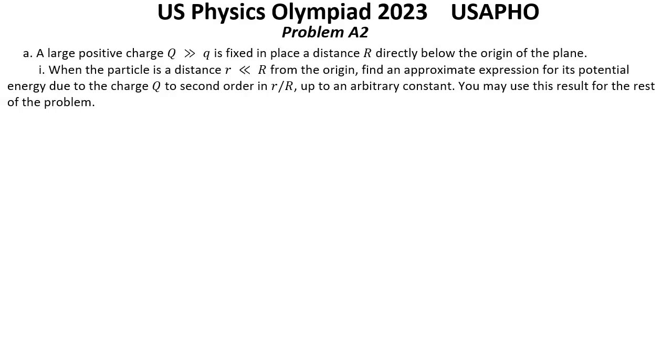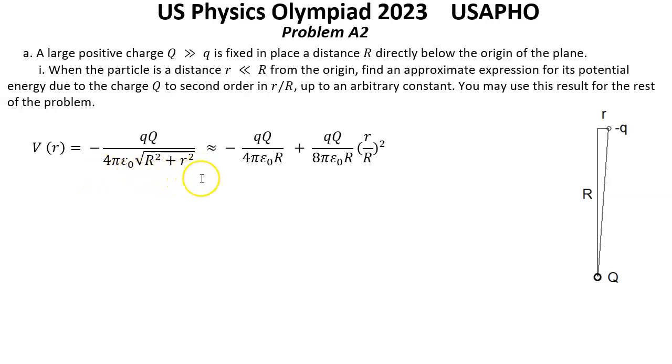Solution. First, let's draw the picture. Origin is right here. Big charge Q is at a distance big R from the origin below, and the small charge negative q is distance small r to the right from the origin. So the potential energy of the particle relative to infinity is this one, which is approximately equal to this one.